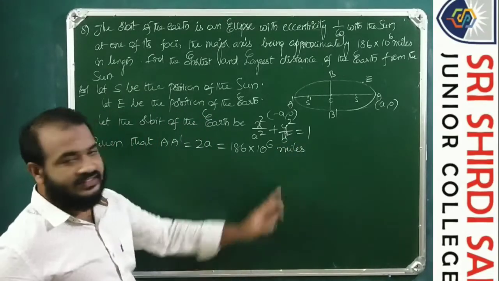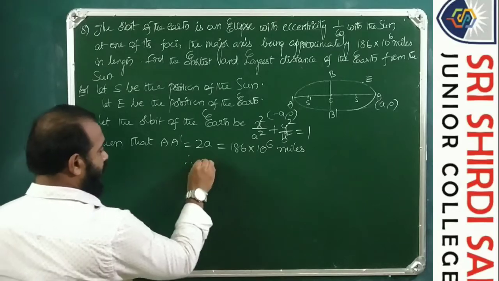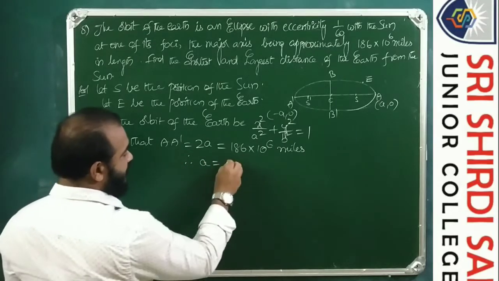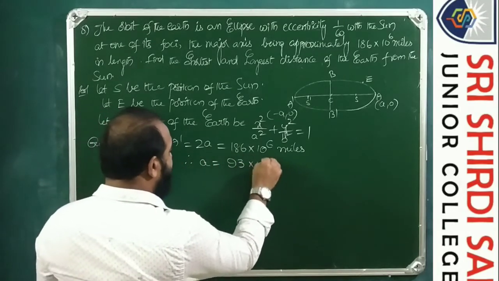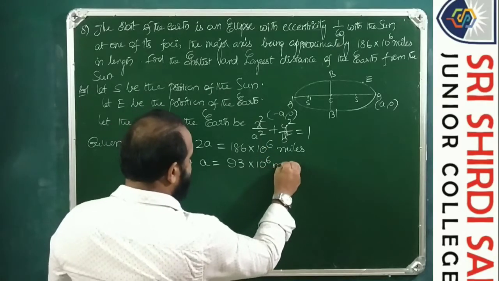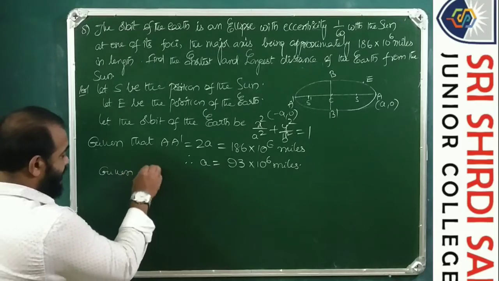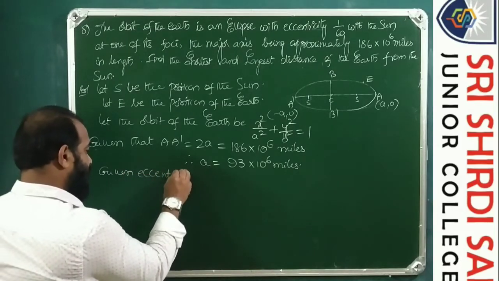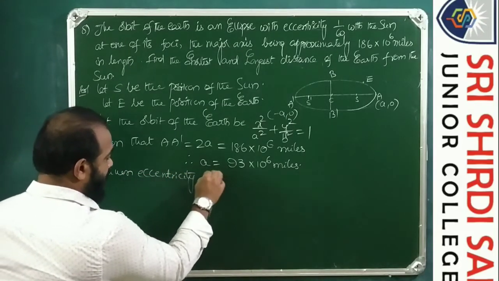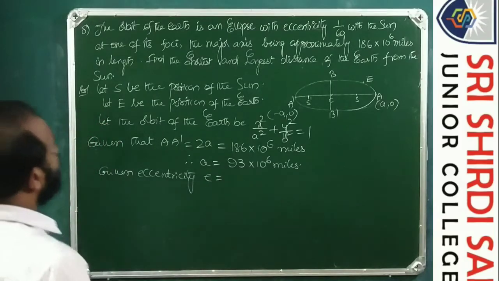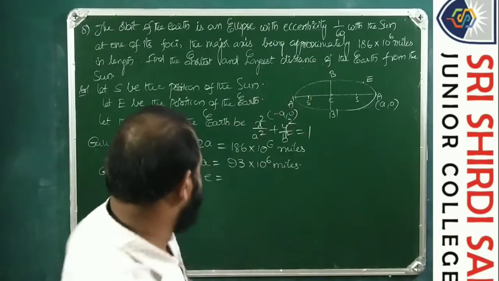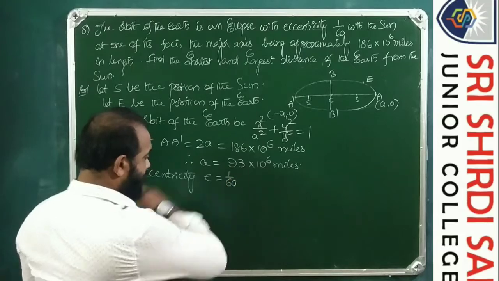So 2a is this, therefore a is equal to 186 by 2, which is 93 into 10 power 6 miles. Given eccentricity e is equal to 1 by 60.